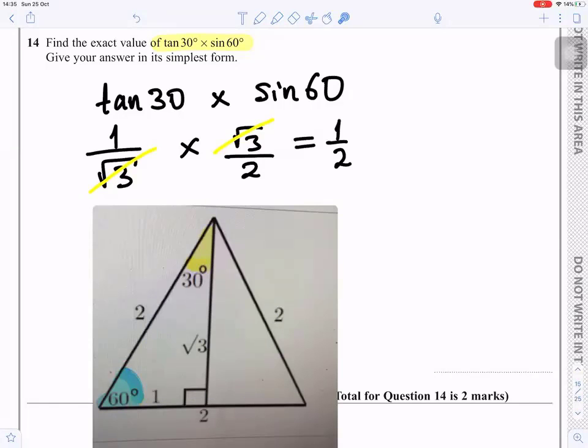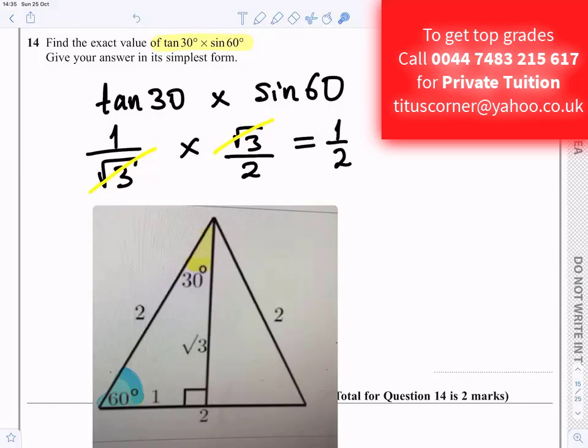I've made another YouTube video which shows another method to work out tan 30 degrees and sine 60 degrees. And this triangle is a very good one. All you need to do is remember an equilateral triangle with each of the sides 2, 2, 2, and that in an equilateral triangle, each of the angles is 60, 60, 60.